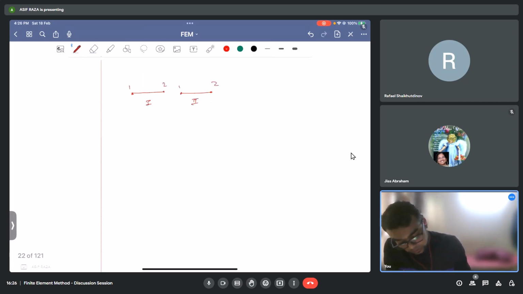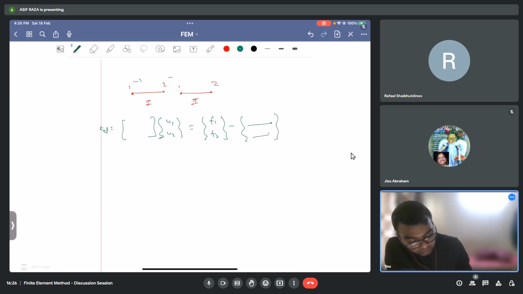Let me confirm that what you are trying to ask is, suppose we have the first element or second element, nodes 1, 2. We have an element stiffness matrix. For that, we have U1, U2, right? This has something like, if external forces F1, F2 are applied here, this is subtracted with some internal forces.